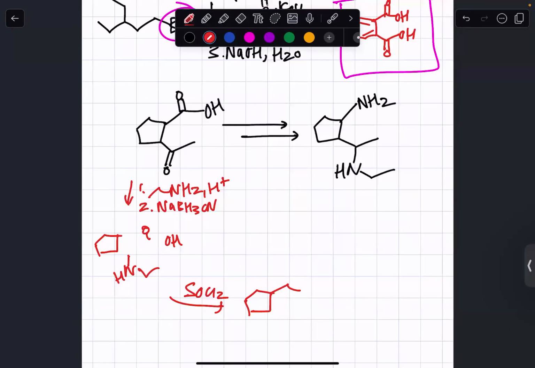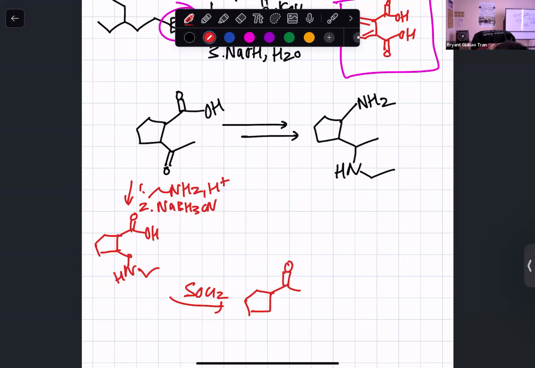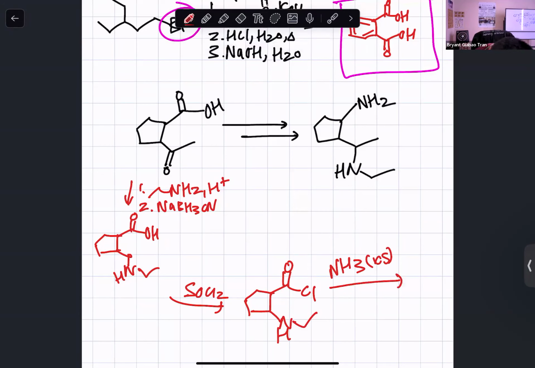After the amide, I used the Hofmann rearrangement by adding Br2 and NaOH to remove the carbonyl. Yes, that's good. You got it. And you have NH3 in excess, no heat needed because it's an acyl halide, to get this amide.